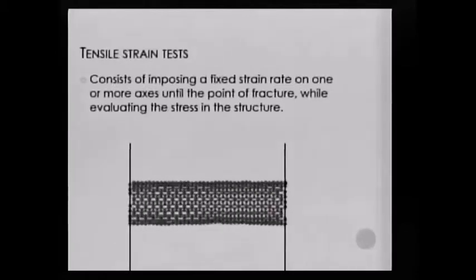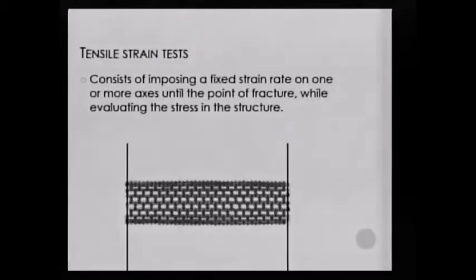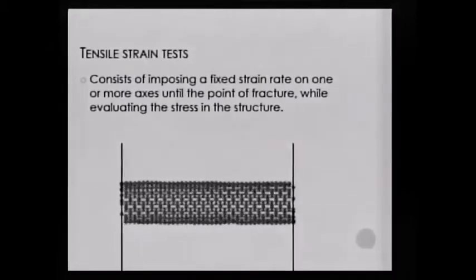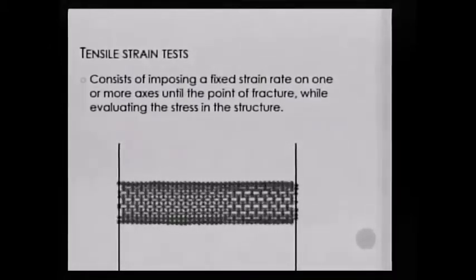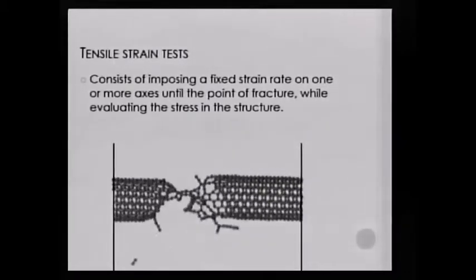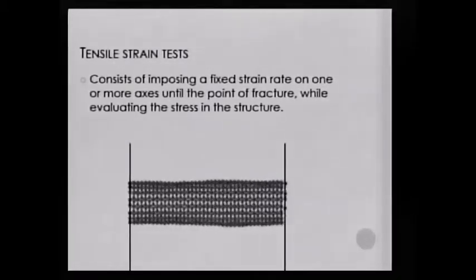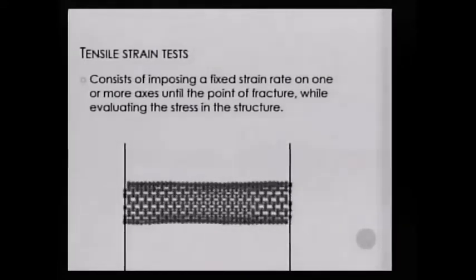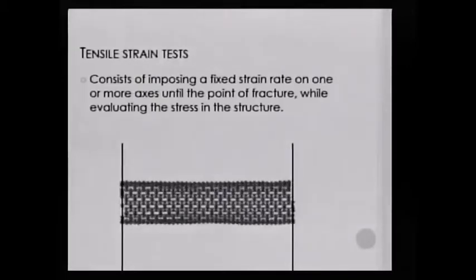Now I'm going to talk a little bit about mechanical properties, and how you can use molecular dynamics to estimate mechanical behavior of systems. One of the basic tests, which I've shown a little in the other talks, is the tensile strain test, which consists of imposing a fixed strain rate on one or more of the axes of your system, up until the point of fracture, while you evaluate the stress on the structure along the way.